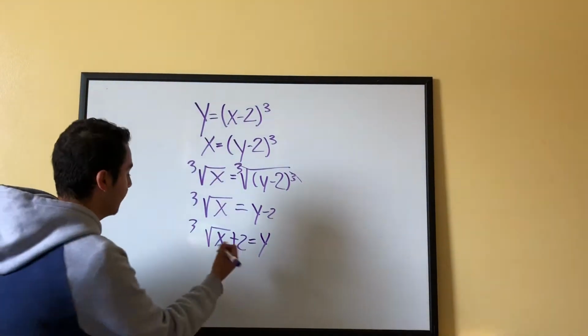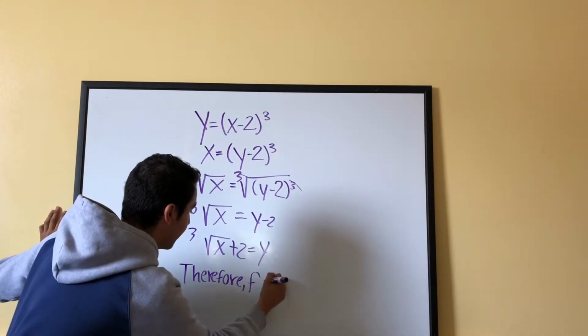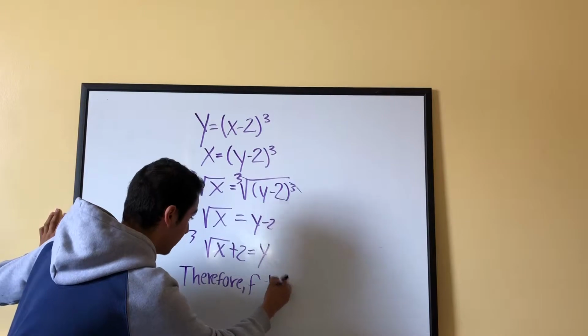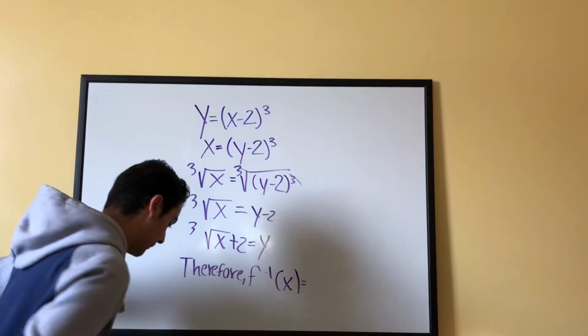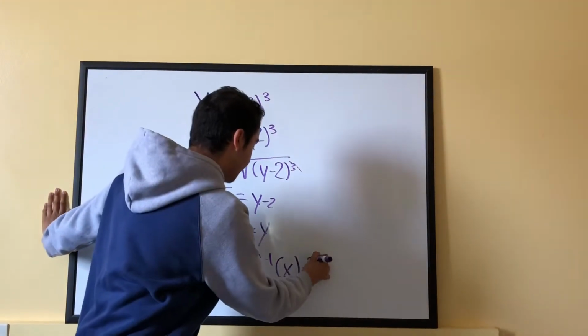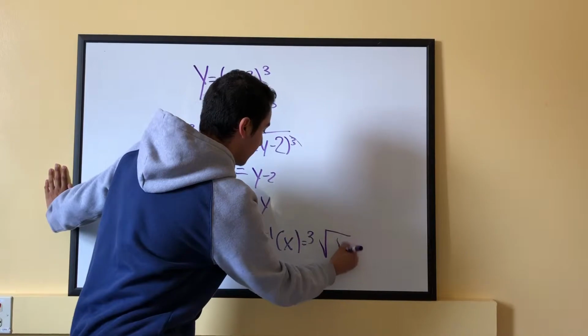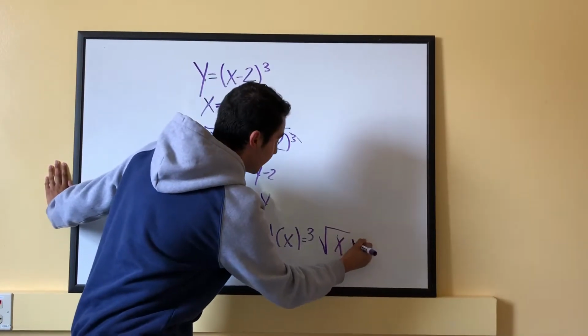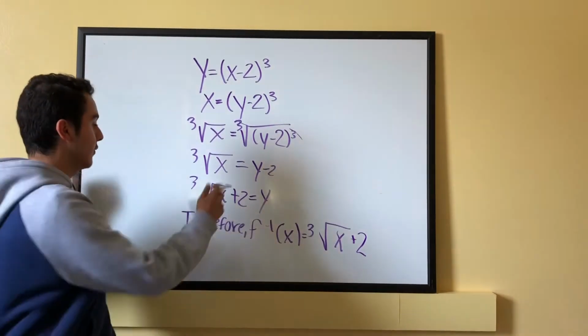And therefore, the inverse relation is going to be f, and then f of x equals cube x plus 2. So basically, the inverse relation is what we got for y.